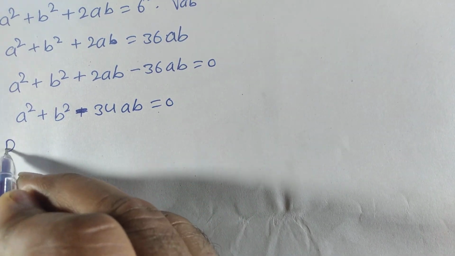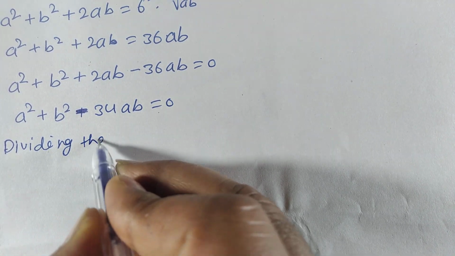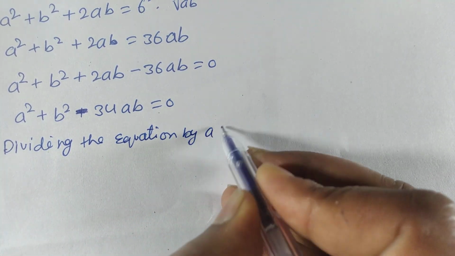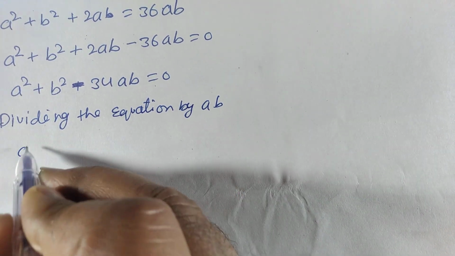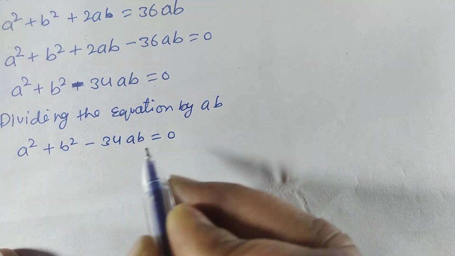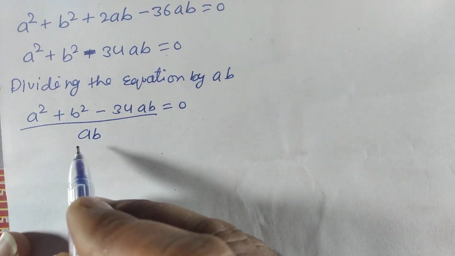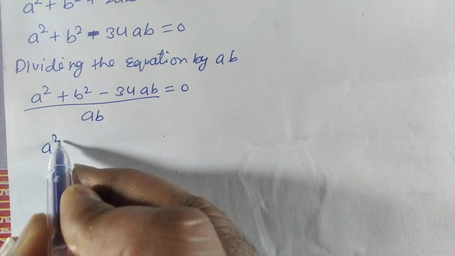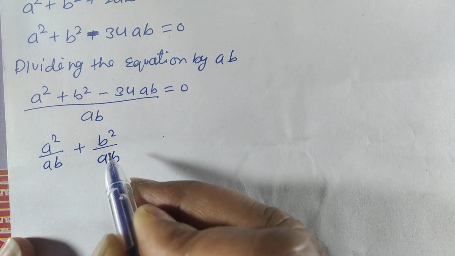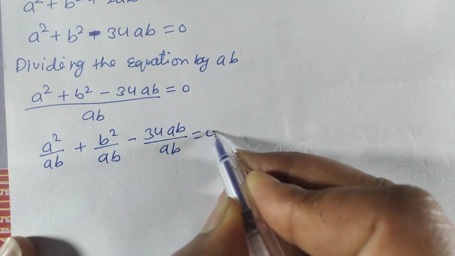Dividing the equation by ab: a square plus b square minus 34ab is equal to 0, divided by ab on the whole equation. Writing it separately, a square over ab plus b square over ab minus 34ab over ab is equal to 0.